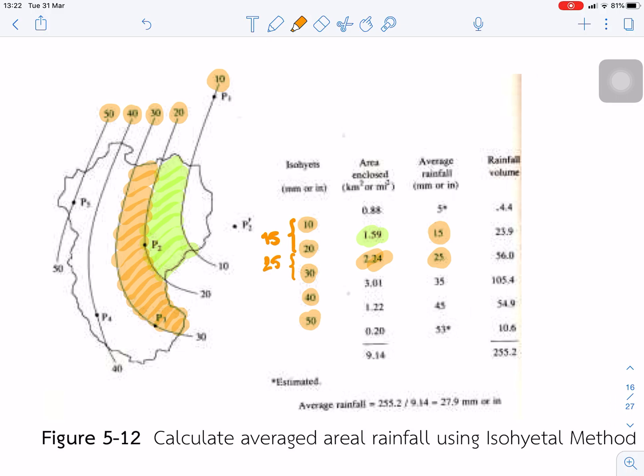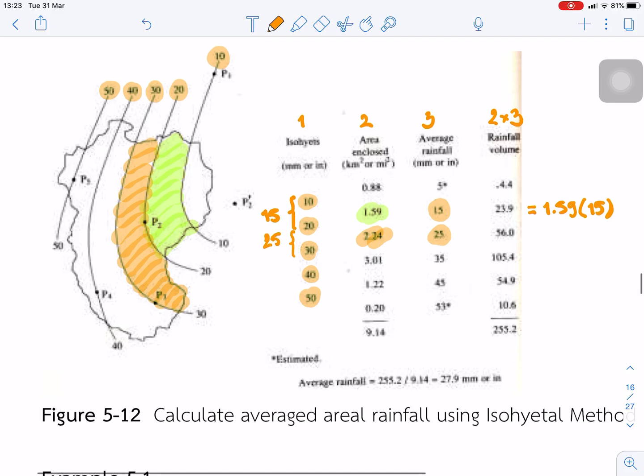And the next is times column 2 with column 3. So we got like 15, so we got 23.9.